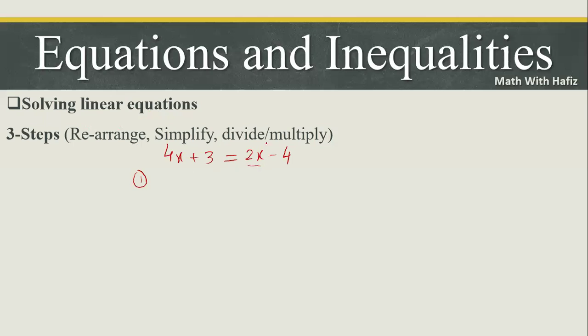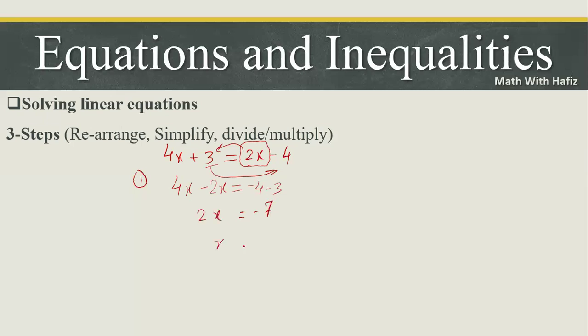So the term which has x and is not on the left side, I will move onto the left side. So for x, 2x will come here. It will be -2x because we will change the sign of the term. All right. Also, once we move this 3, it will be -3, and as it was positive, it will become negative. -3 and -4, it will be -7. 4x minus 2x, it will be 2x.